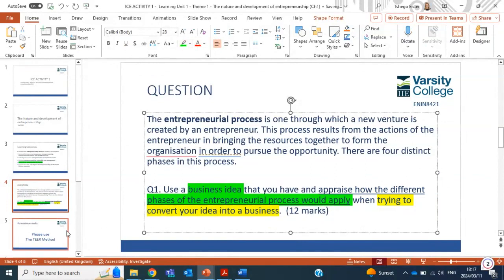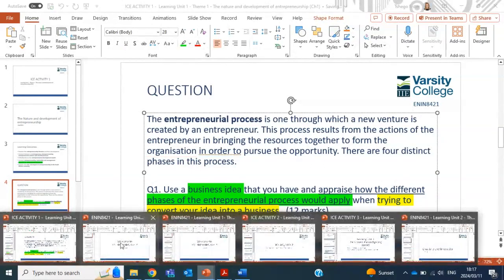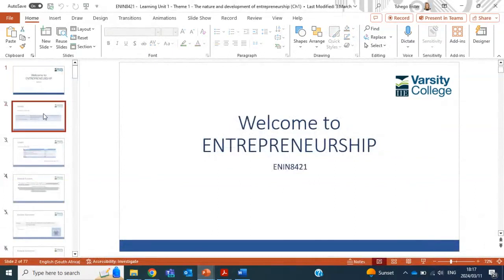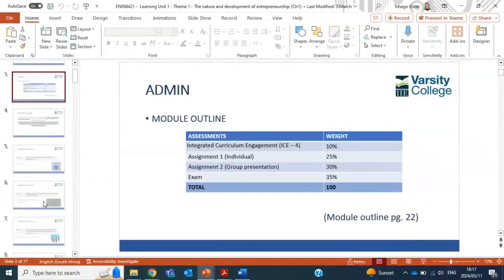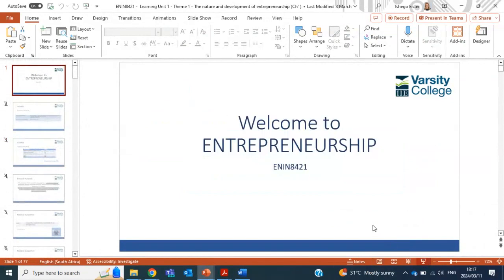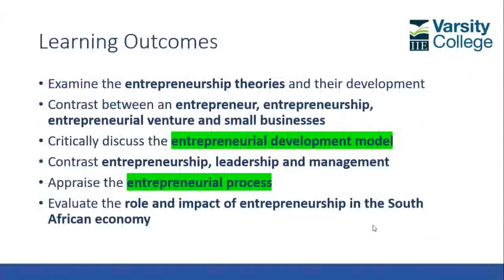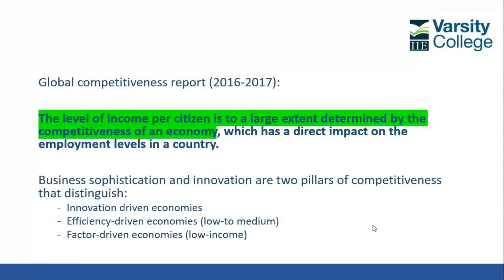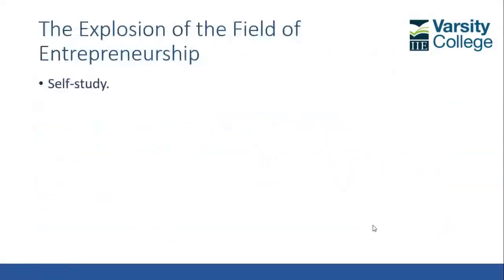Now, this we know very much because it had been covered in our learning unit 1. Now, if we go to the learning outcomes, and excuse me for that, let me do it this way, right? The entrepreneurial process, it's more towards the end.